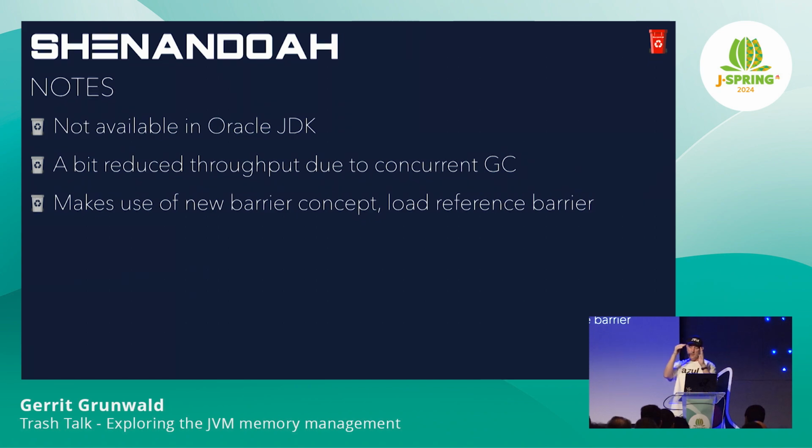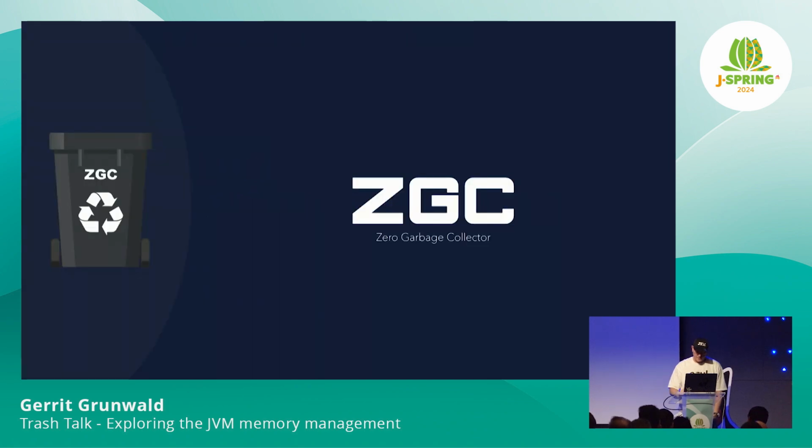That means the amount of performance that is available for your application is reduced, right? Because we have to do garbage collection at the same time. This is for all concurrent collectors, also for ZGC. And this uses a read barrier concept. It's called load reference barrier in this case. And yeah, like I said, they have a little bit reduced throughput.